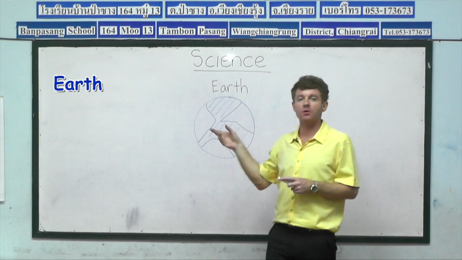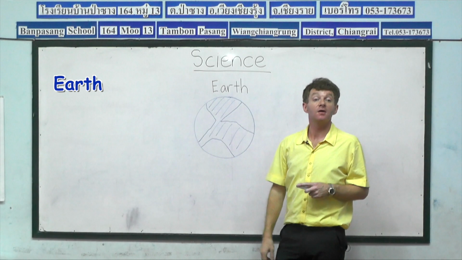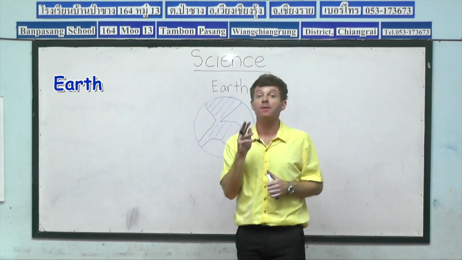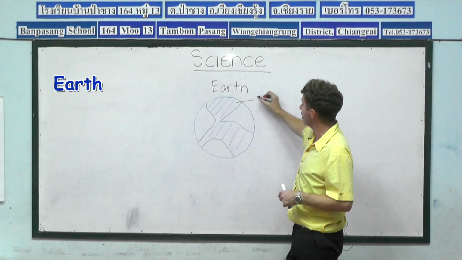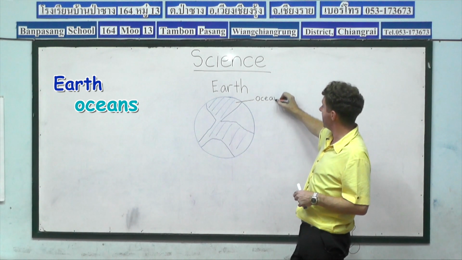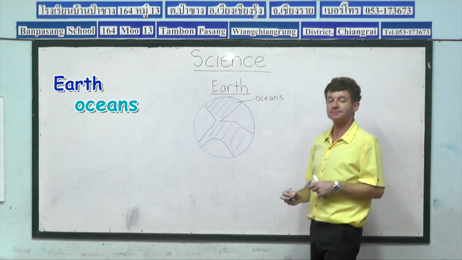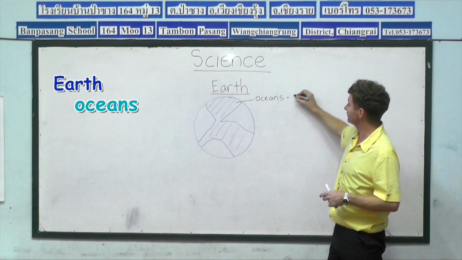But what about the brown or greeny land masses that we have? Continents. Excellent. We've learnt about how planet Earth is made up. The blue parts, oceans, O-C-E-A-N-S. How many oceans? 5. Oceans equals 5.